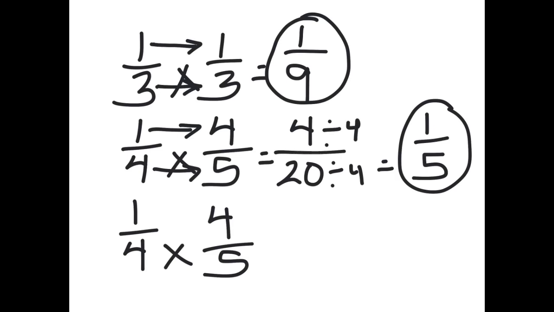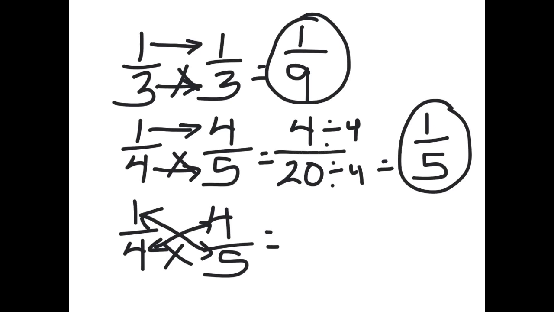Now, if you look at the next example, you'll notice that I have the exact same fraction down here. I wanted to show you something that you'll be able to use, which is called cross-canceling, and that's where you look at opposite numerator to denominator and opposite numerator to denominator, looking to see if they have anything in common. If you look at the 1 and the 5, you'll notice they have nothing in common except for 1.